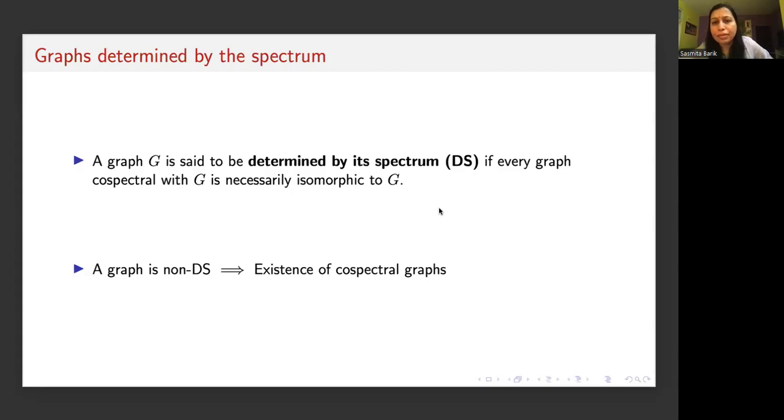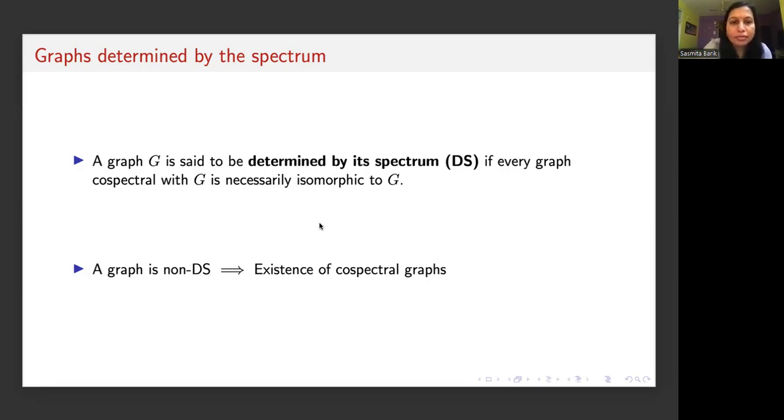Of course, work has been done in this regard: infinitely many constructions of co-spectral pairs or co-spectral graphs have been given. But proving that some graph is determined by the spectrum is more difficult work.